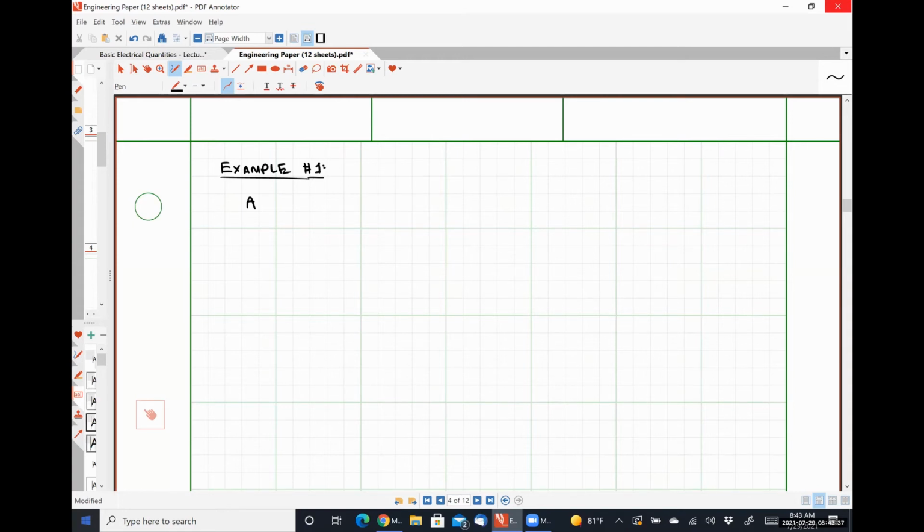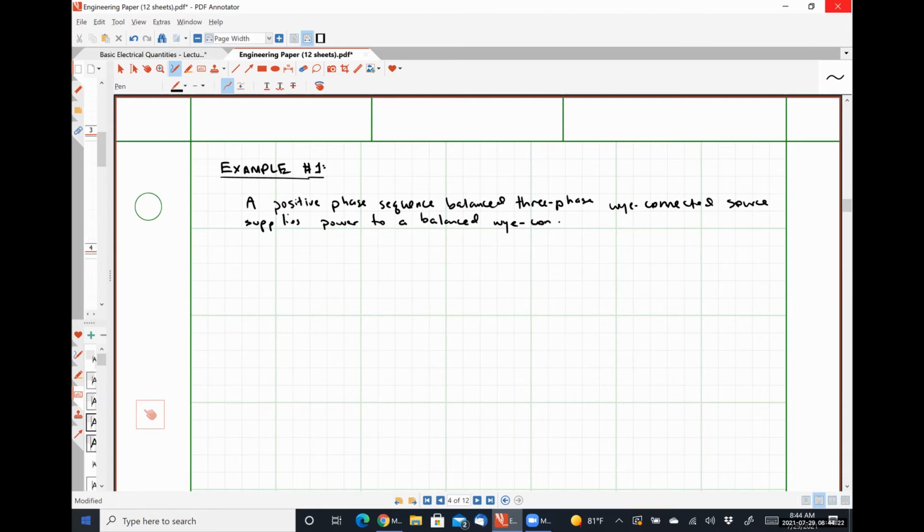So I might say something like: a positive phase sequence, balanced three-phase Y-connected source supplies power to a balanced Y-connected load.